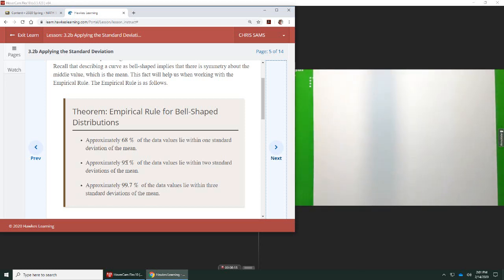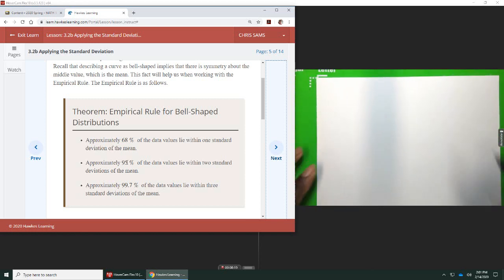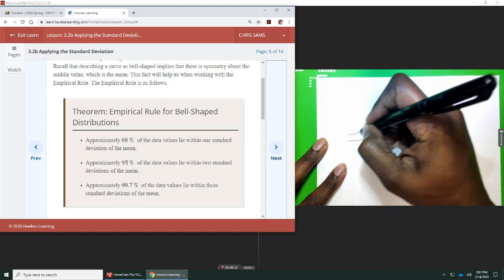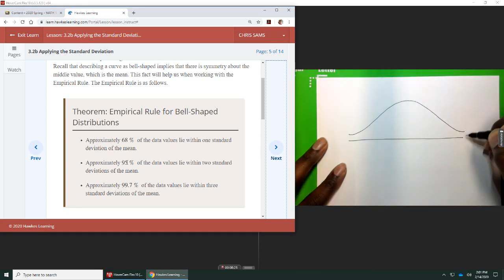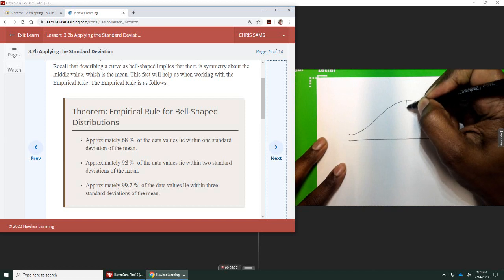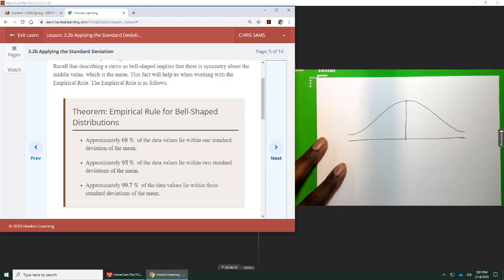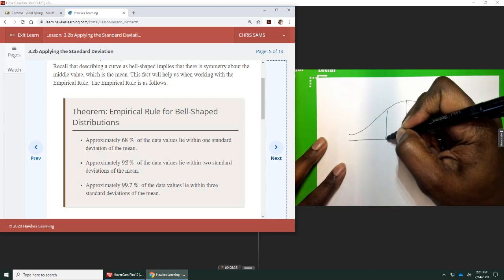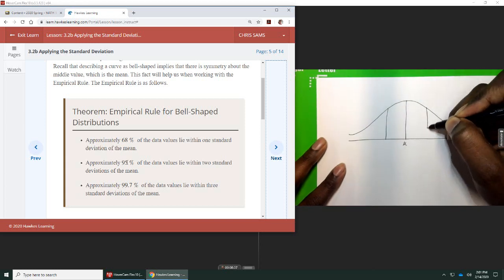So I'm going to do another bell-shaped curve, and remember that this is symmetric, even on both sides. So mean in the middle, I'm just going to put 1 sigma and 1 sigma.